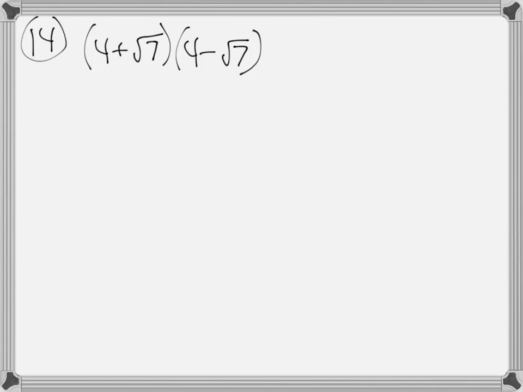So remember, outsiders with outsiders, insiders with insiders as you go, right? So we're just foiling that out. Be good here. So this 4 is going to go to both. And so remember, the main rule is outsiders with outsiders. So 4 times 4 is 16 minus 4 root 7.